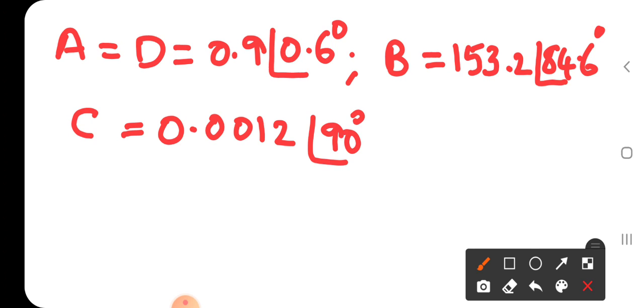Then determine the equivalent T model and pi model of the long transmission line.